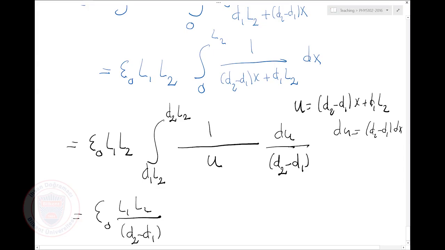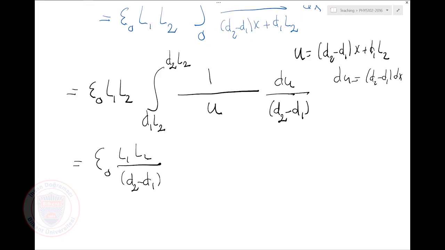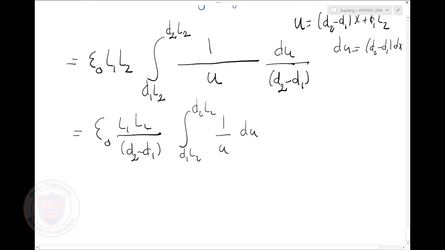Right? What's the integral of 1 over u du? Come on. ln, right?